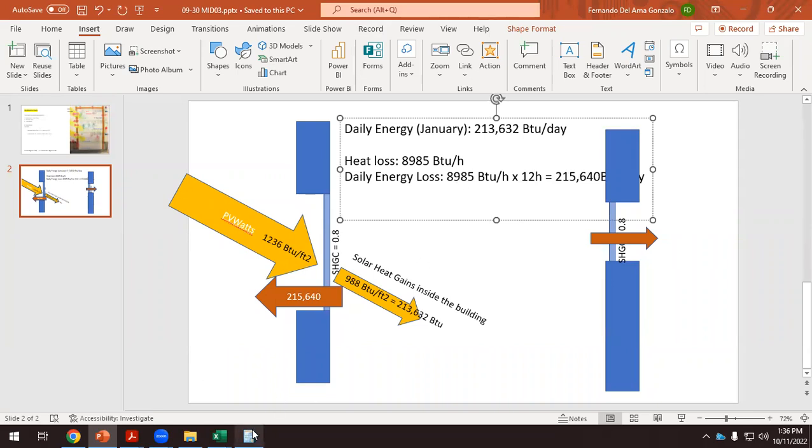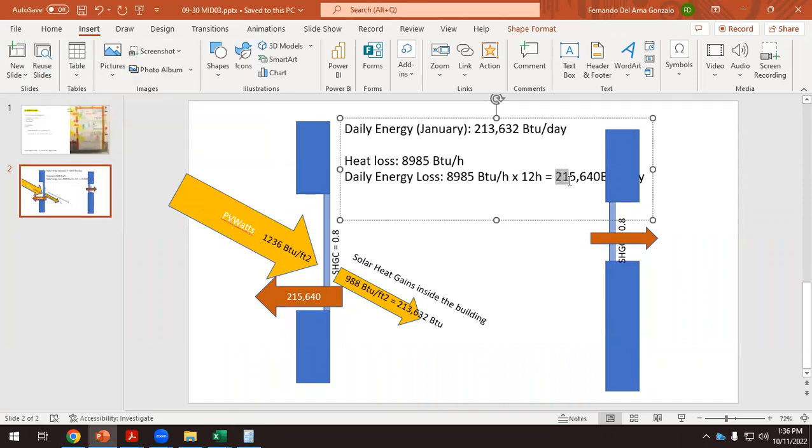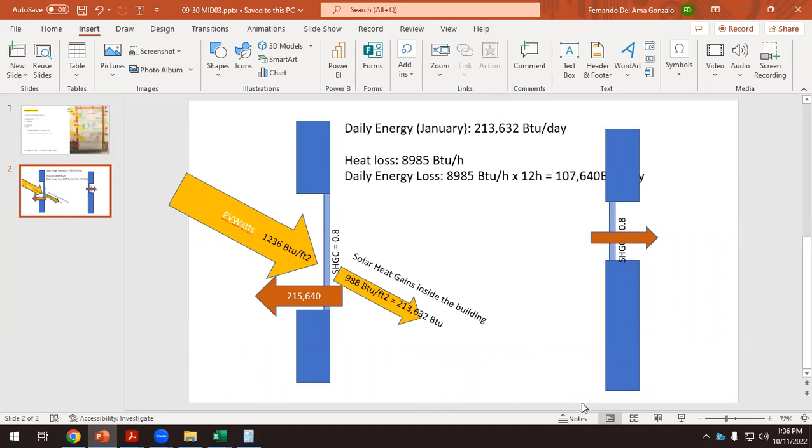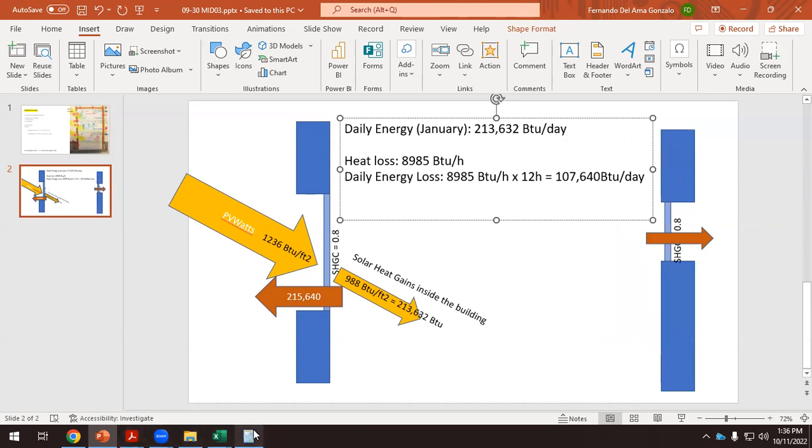So if we do this with 12 hours, it's not that number. It's 8, 9, 8, 5 times 12. Okay, so this number is 107,000 now. 7,800, whatever. $820.